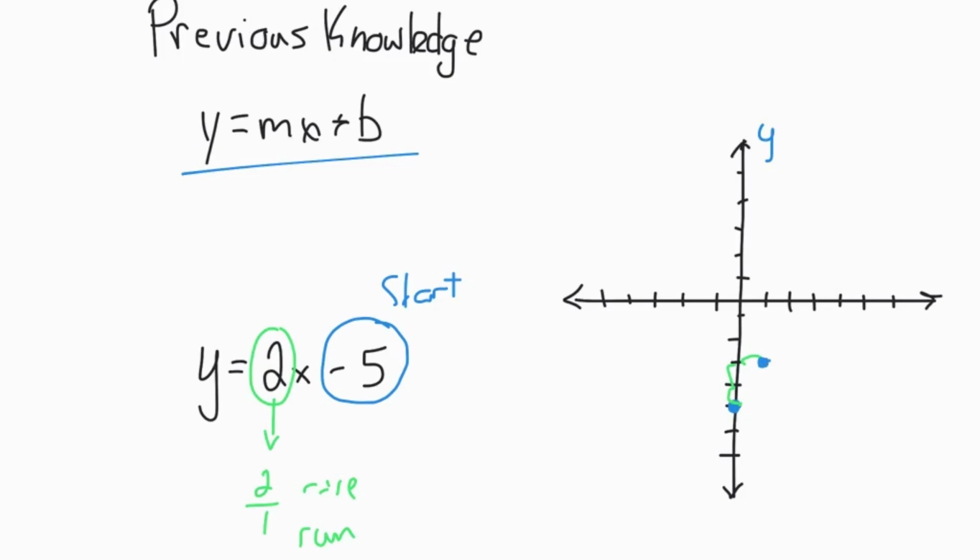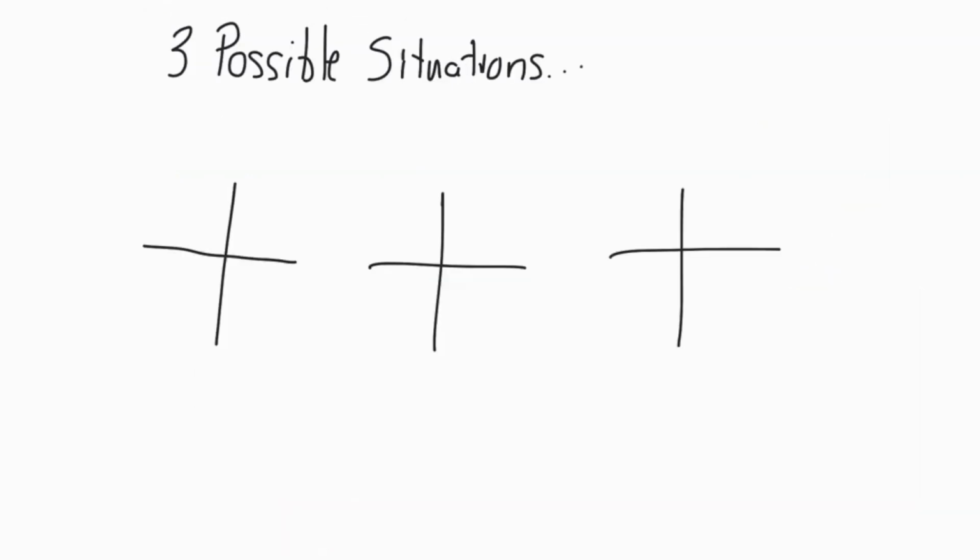And what I want us to be able to do is plot all the points on this graph. So we'd go up 2, right 1 again, up 2, right 1 again, and so on. And then we have to go in the other direction too. So we'd go down 2, left 1 to still be on this line. We want to graph all of them because we want to find all of the points that are going to contribute to this line on the graph.